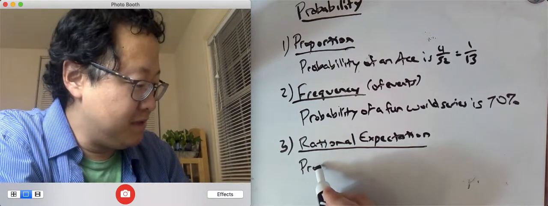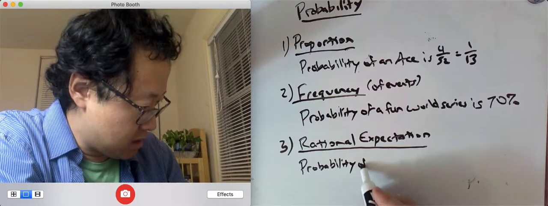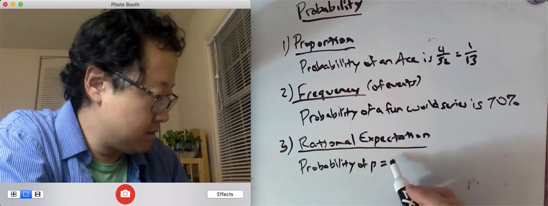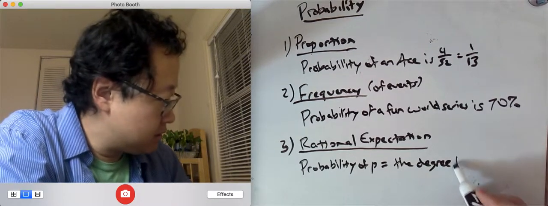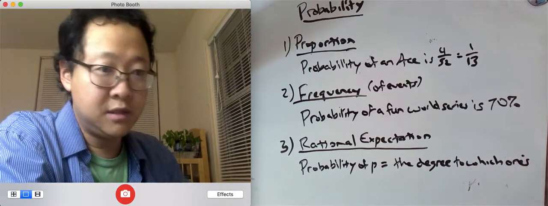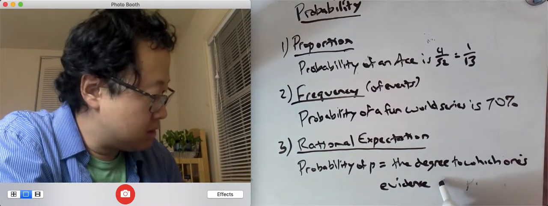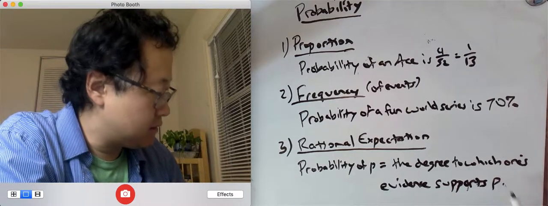The probability of P, where P is a proposition, equals the degree to which one's evidence supports P.